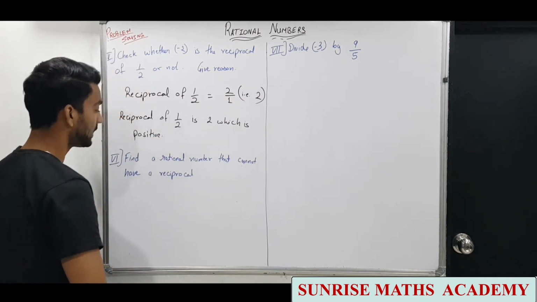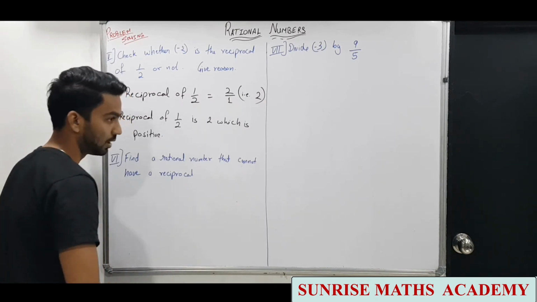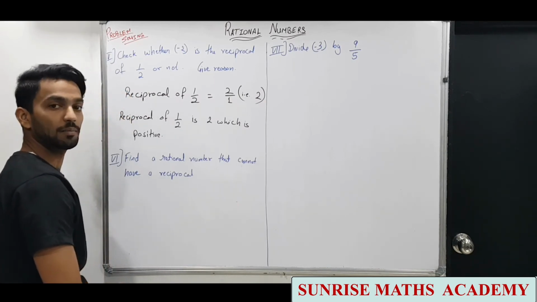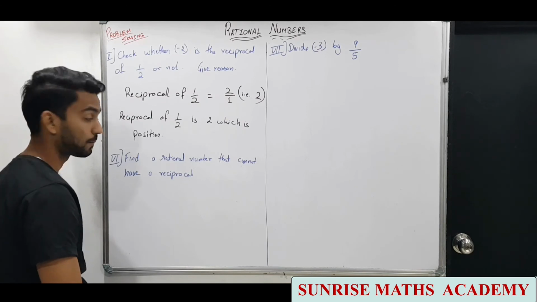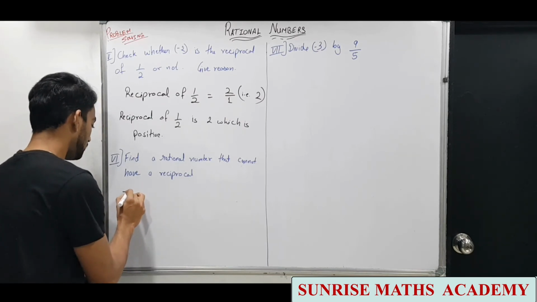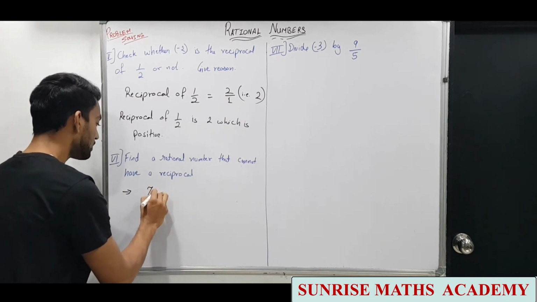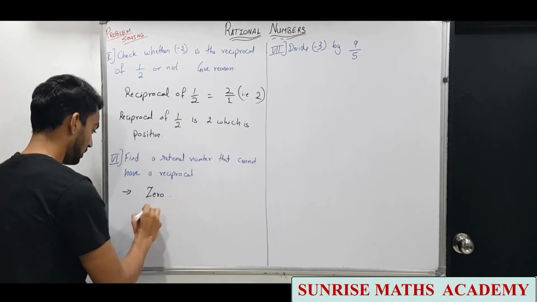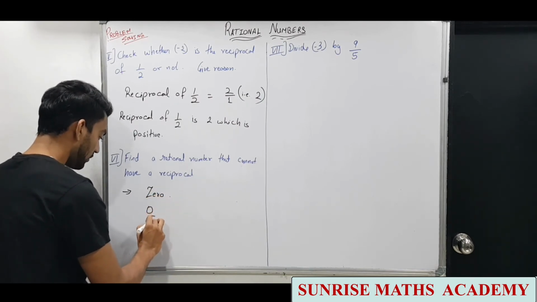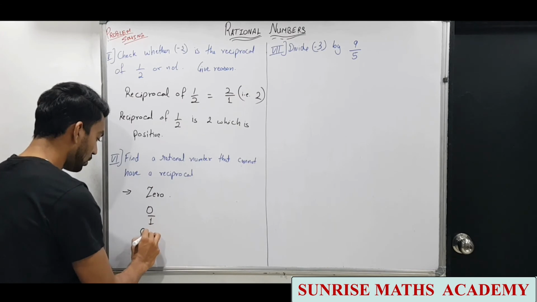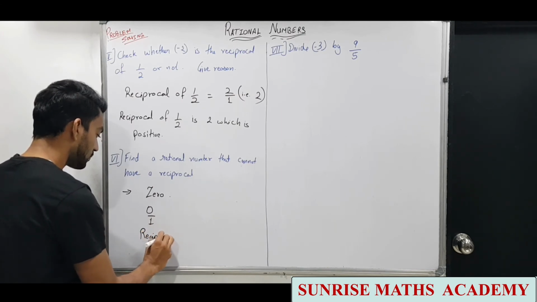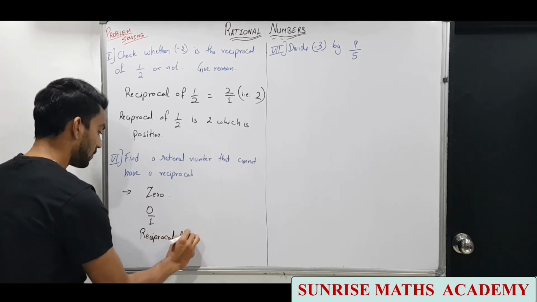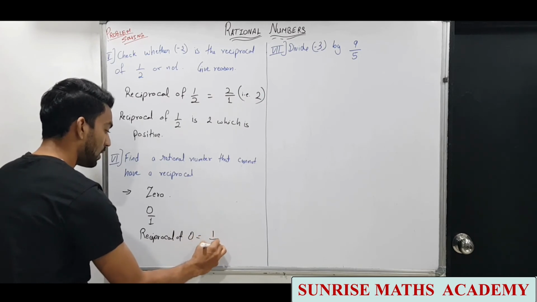Next, find a rational number that cannot have a reciprocal. अब ऐसा कौन सा नंबर होगा जिसका रेसिप्रोकल नहीं है? 0 is the number because 0 is a rational number. इसका रेसिप्रोकल होगा 1 upon 0.